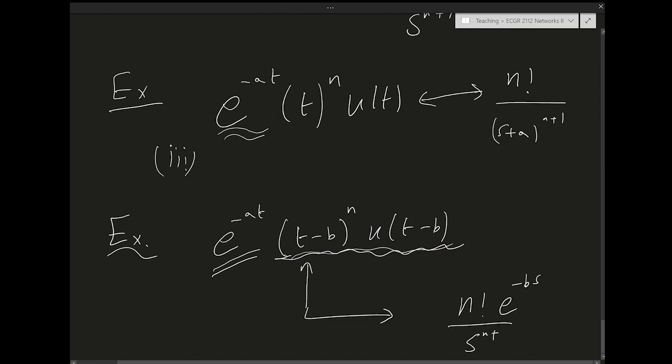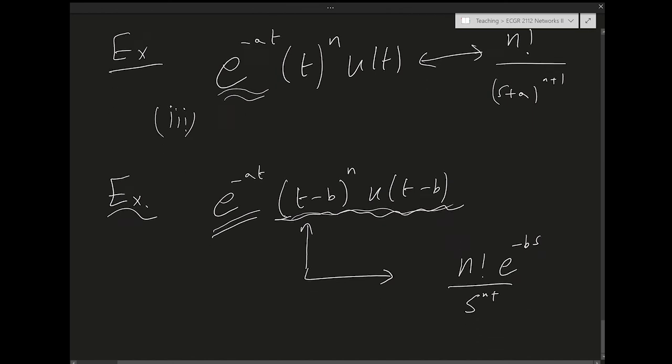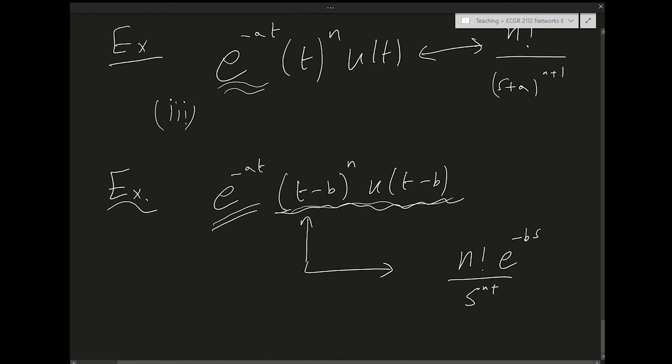So going back to the third property, this is equivalent to a shift in the s domain by a, so instead of s I have here s plus a. What I'm trying to say is that the general properties that we discussed in the last lecture are extremely powerful, and if you know how to use them correctly, you can figure out the transform for a wide range of different signals.